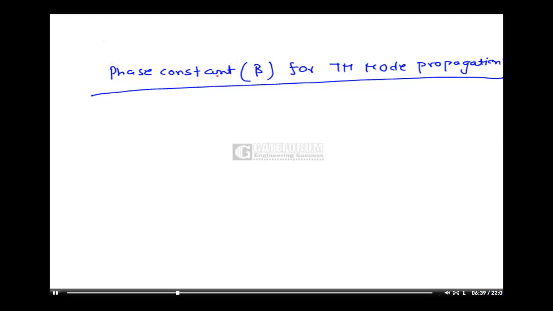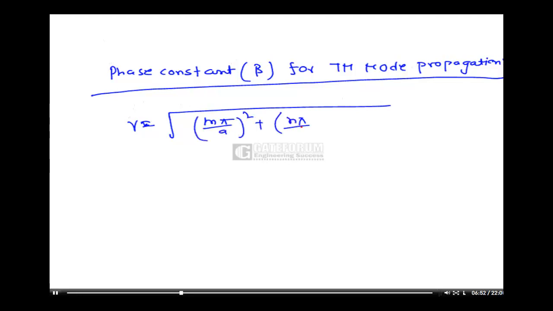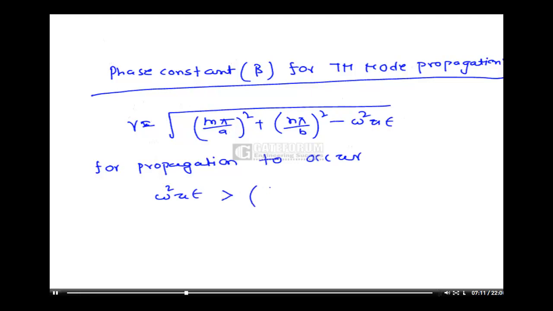So we know that gamma is equal, in general, to square root of (mπ/a)² + (nπ/b)² minus ω²με. For propagation to occur, ω²με is greater than (mπ/a)² + (nπ/b)².